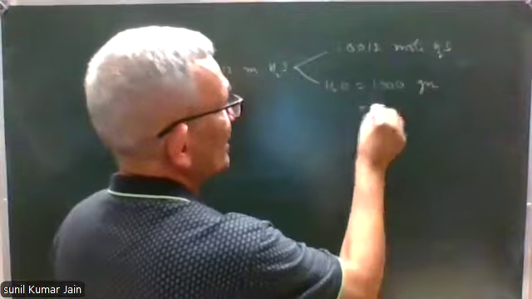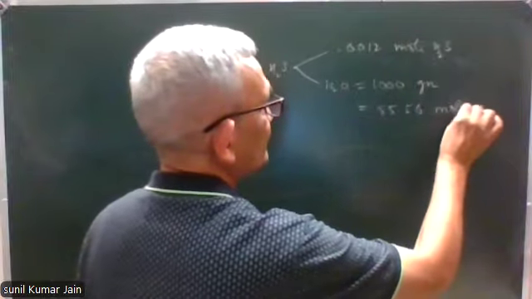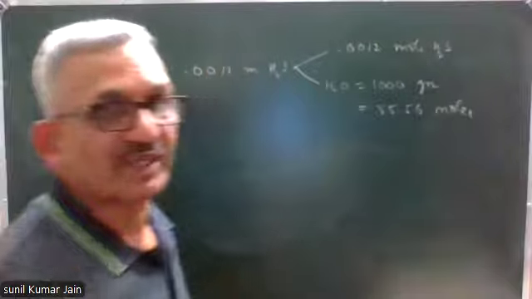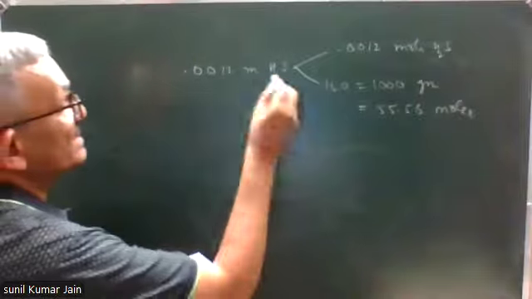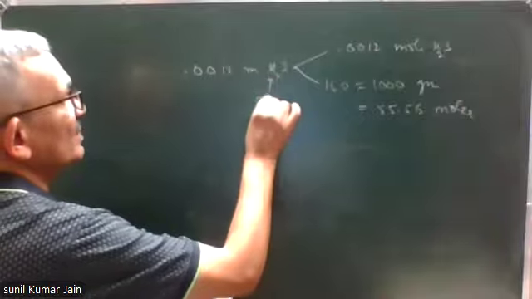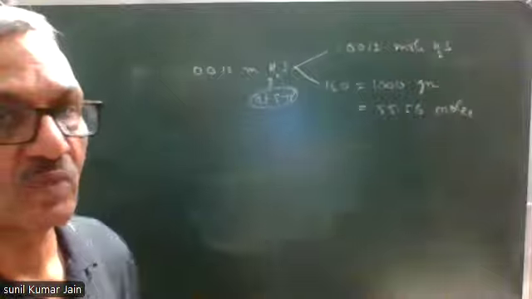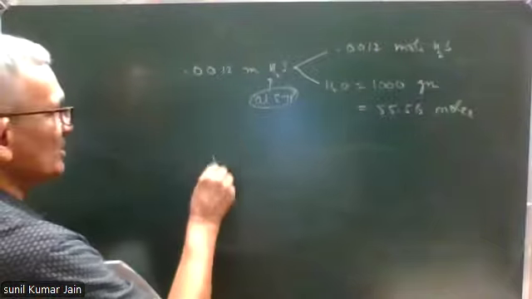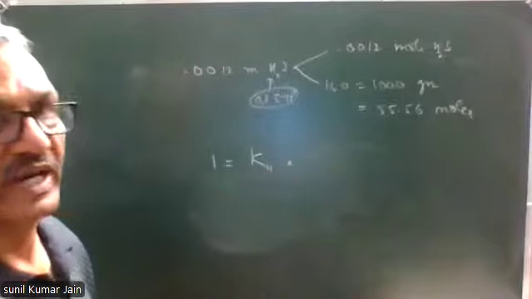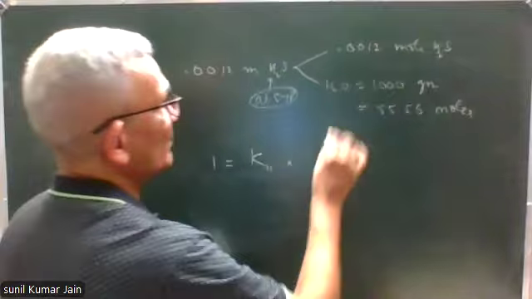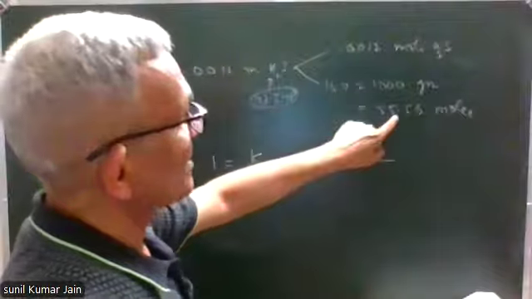Now this is moles and this will be 55.56 moles, divided by molecular weight. This is at STP. Pressure of any gas at STP will be 1 atm. So Pg is 1. KH we have to calculate into Chi-G. Mole fraction of gas will be 0.0012 divided by this plus this.